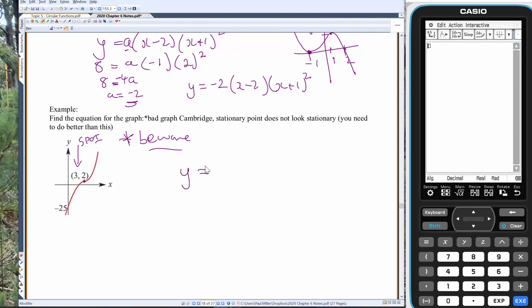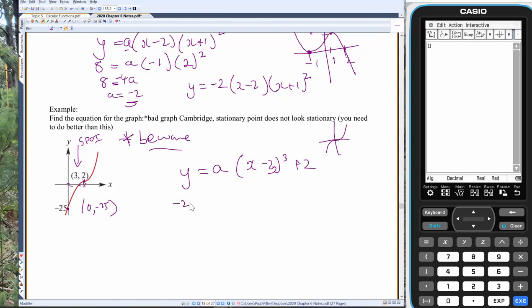What do I know about it? Well, I know it's got a dilation factor, and I know that the standard inflected cubic, which looks like that, has been moved over 3 units and up 2 units, so (x take 3) cubed plus 2. Conveniently they've given us what I presume is the y-intercept, which occurs when x is equal to 0, -25.